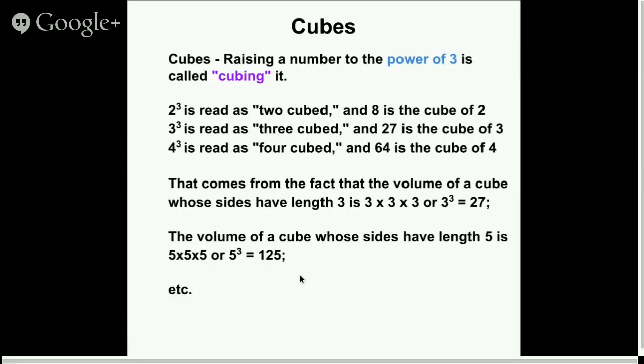Cubes are pretty similar, but instead of being to the power of 2, it's a power of 3. So 2 to the power of 3 is also 2 cubed. You can read it as 2 cubed, or 2 to the power of 3 is also correct. So 2 cubed is 2 times 2 times 2, which is 8. This comes from the fact that the volume of a cube with side length of 3 would just be 3 times 3 times 3, or 27.